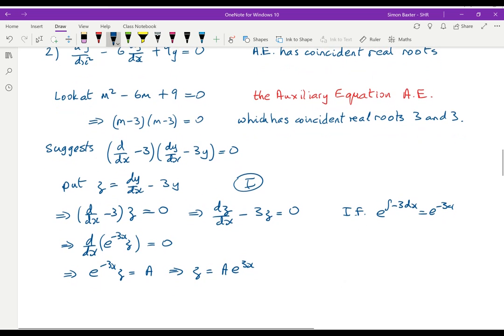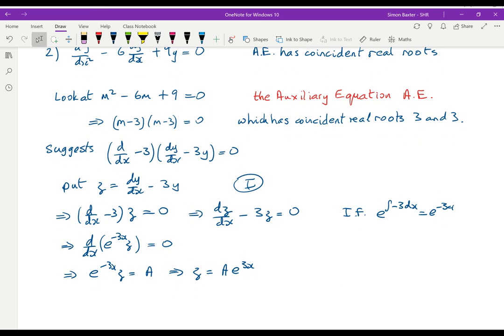So if we've got z equals a e to the 3x, we now have dy by dx minus 3y is a e to the 3x. So let's substitute in 1. That gives me dy by dx minus 3y equals a e to the 3x.